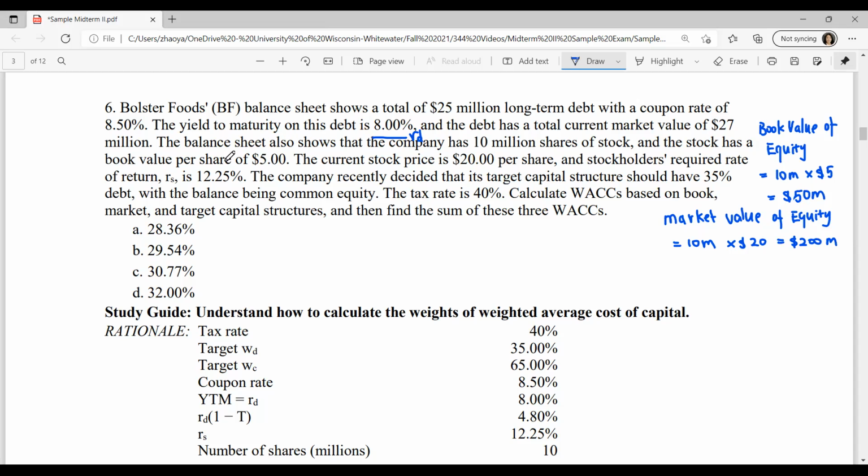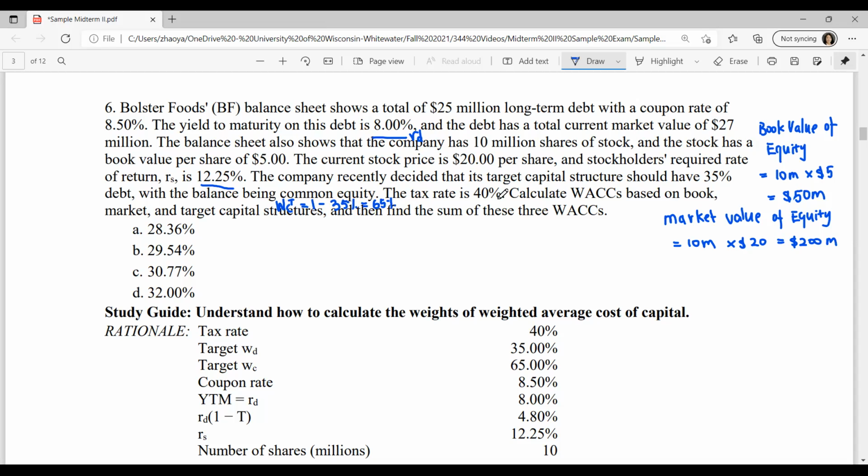Stockholders' required return is 12.25%. This is RS. The company recently decided that its target capital structure should have 35% debt with the balance being common equity, which means that the target capital structure for equity, which is WC target, equals 1 minus 35%, equals 65%.